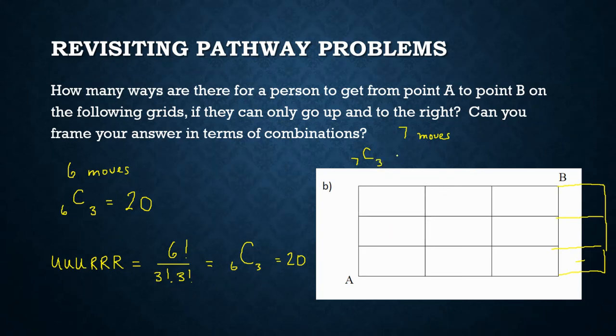But you could also think of it as, well, of my 7 moves, how many ways can I choose to go right 4 times? And you can try it on your own, but 7 choose 3 is the exact same as 7 choose 4. They both give you 35, which is really fascinating, but it's because of the symmetry of this idea of combinations. So we didn't have to necessarily focus on the ups. We could have focused on the rights. And as you can see, you get the same answer either way.